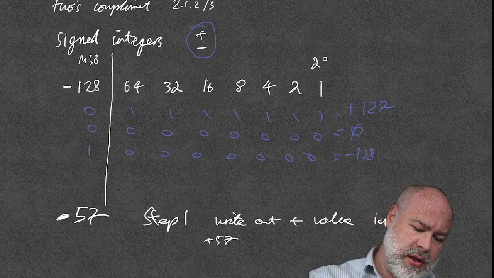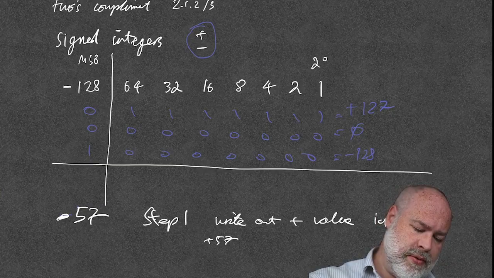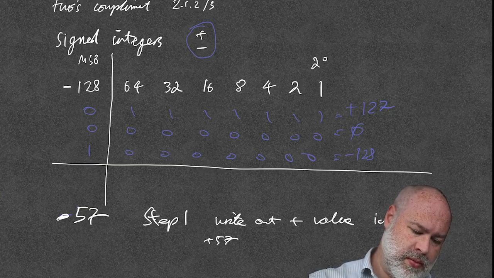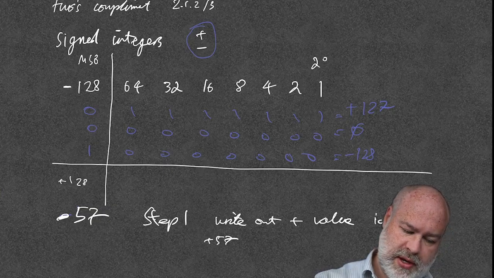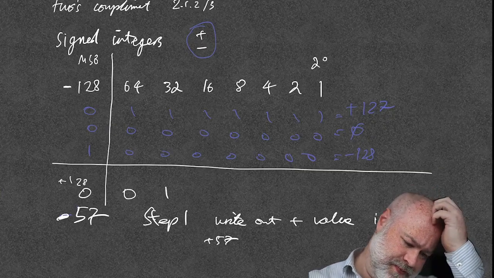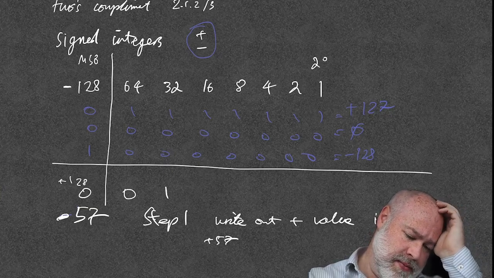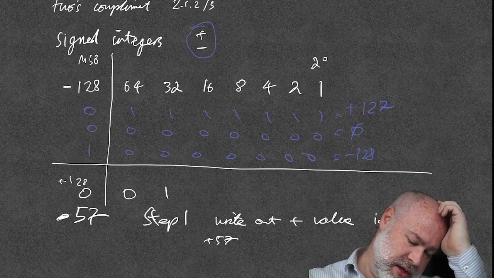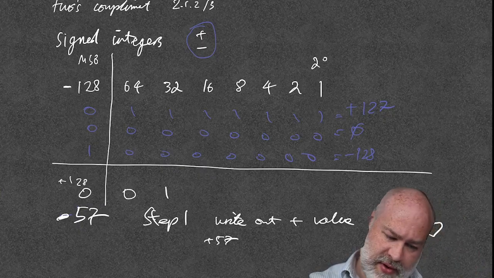Let's use our columns because we've already made these. And let's pretend this would have been plus 128 for a second. So that's 0, nothing. 64 doesn't go into 57, 32 does. So I'm going to have a 1 here. And 32, so we've got 25 left.